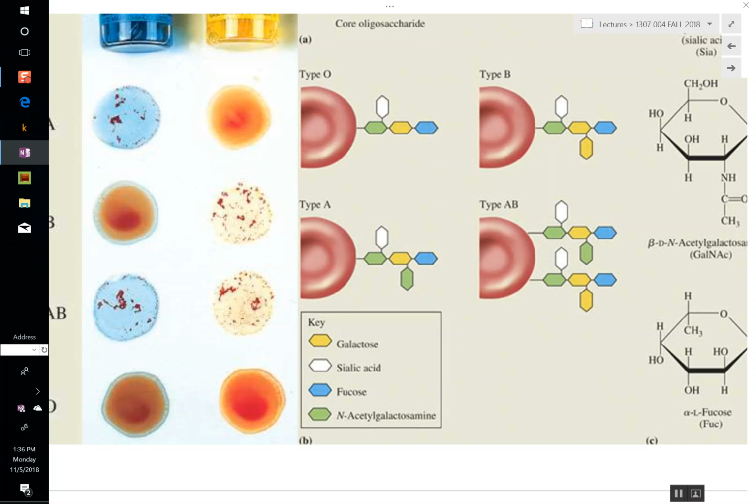But basically this would be an oligomer. Remember an oligomer? Not 2, not 1,000, but 3 to 10. So here's a little oligomer, 1, 2, 3, 4, 5 monosaccharides bound together. On the side is the signal for what blood type this is. This is what's going to set the alarms off if you get the wrong blood type.